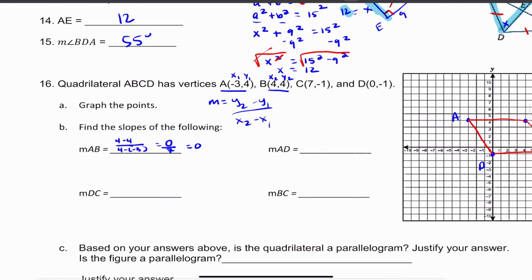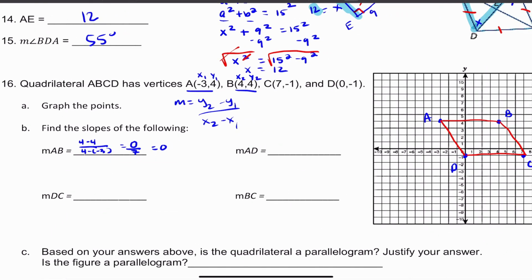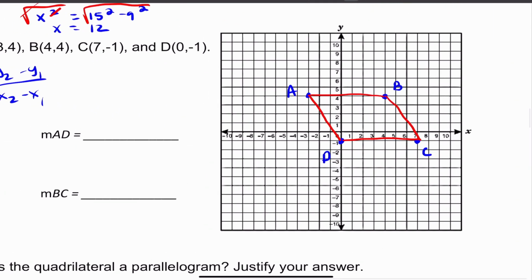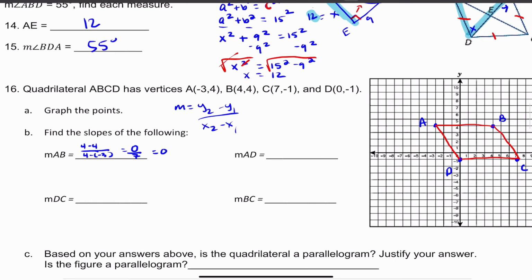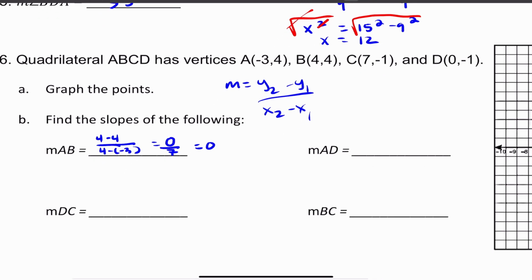Let's find the slope of DC. We found AB, that's 0. I can tell that this is a 0 slope, but I'm going to calculate it just to verify with y'all.